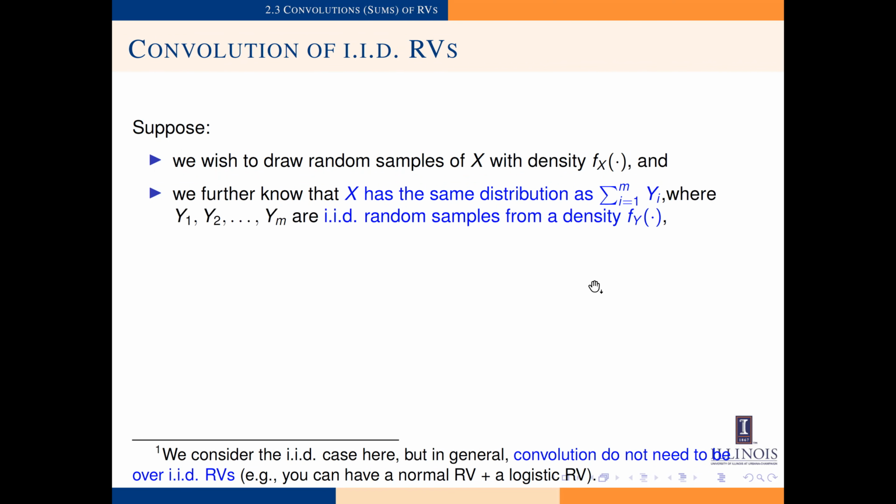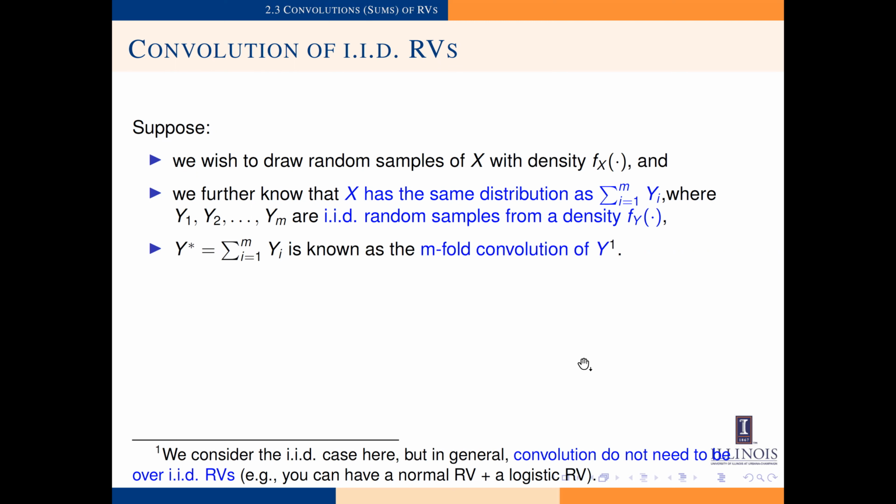Here, the yi's, y1, y2, all the way up to ym, are IID random samples from a density fy. In other words, each of them are pairwise independent and they have the same distribution fy.